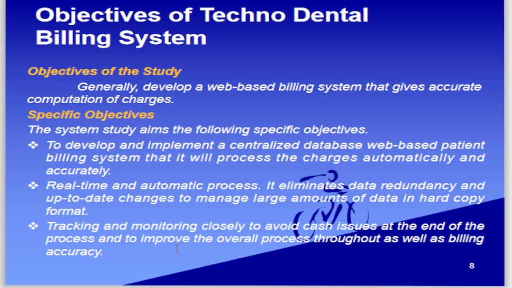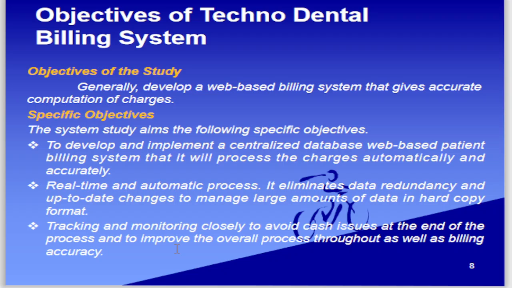So with that, we have the specific objectives. Number one is to develop and implement a centralized database web-based patient billing system that will process the charges automatically and accurately. Number two, a real-time and automatic process.